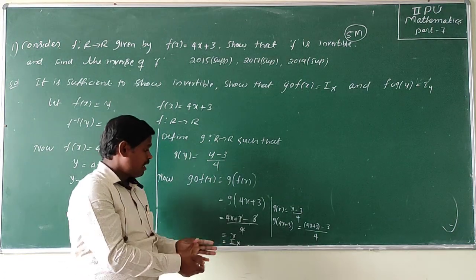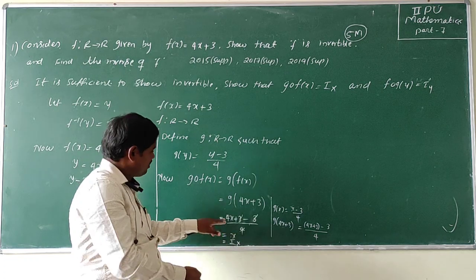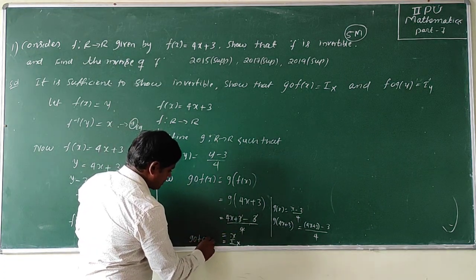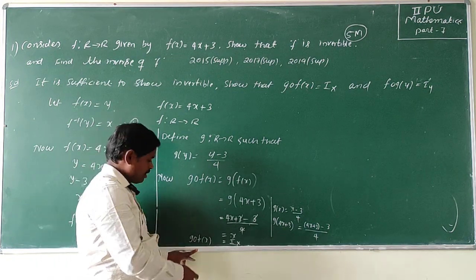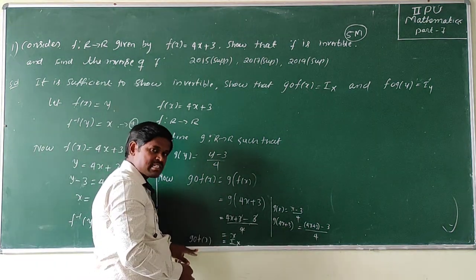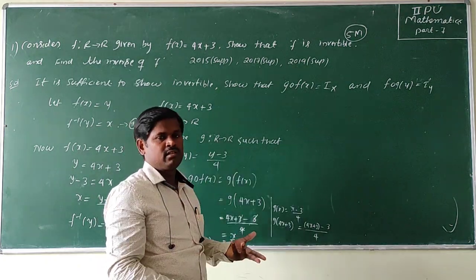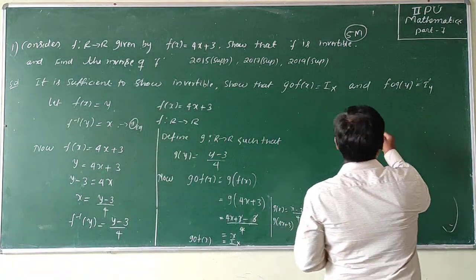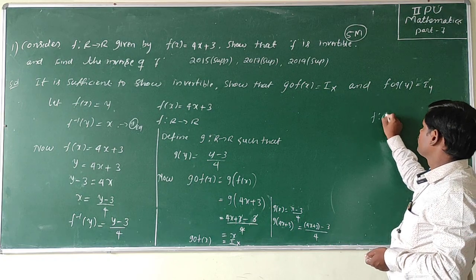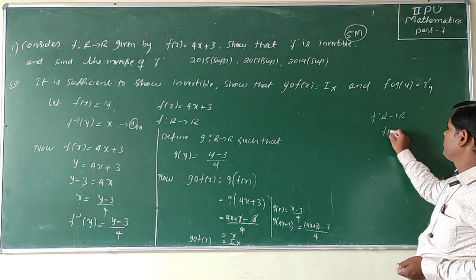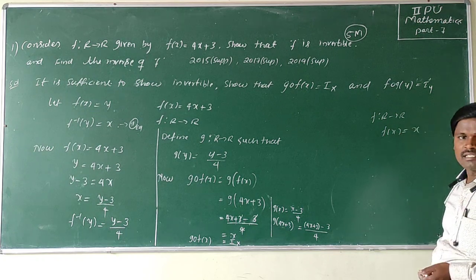So this is the identity element. That means we put x as input and the output is x itself. By the definition of identity function, a function f from R to R is said to be an identity function if f of x equals x.